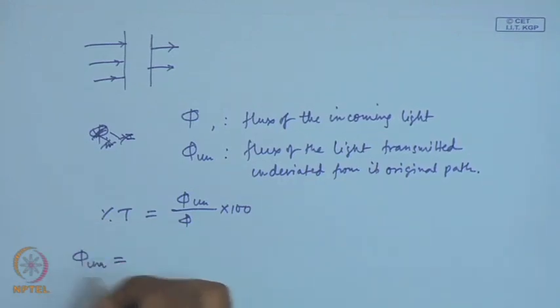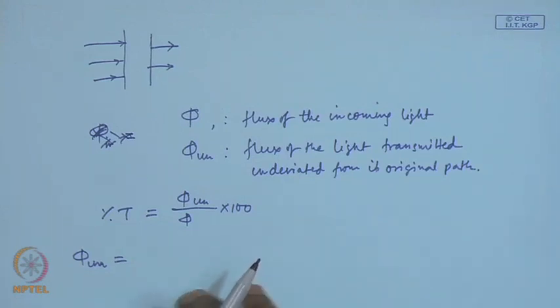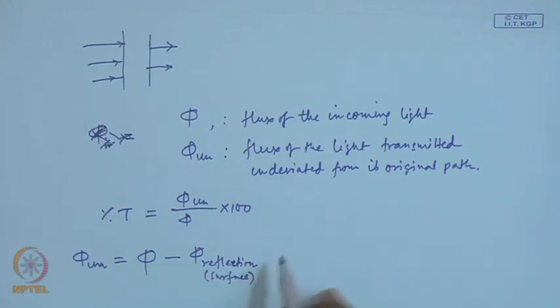We can also write that the flux of the transmitted light which went out undeviated would be phi, the flux of the incoming light, minus phi due to reflection from the surface, minus phi scattering in all directions.